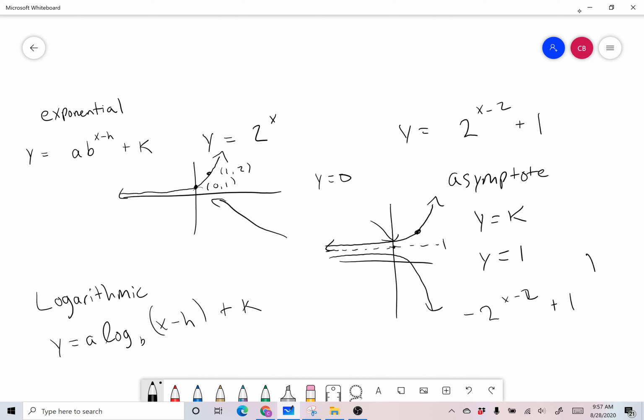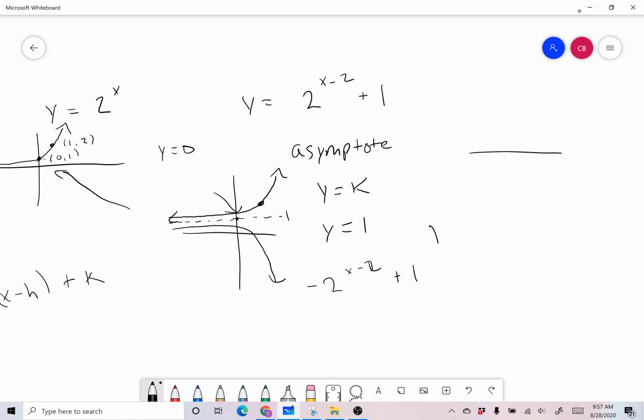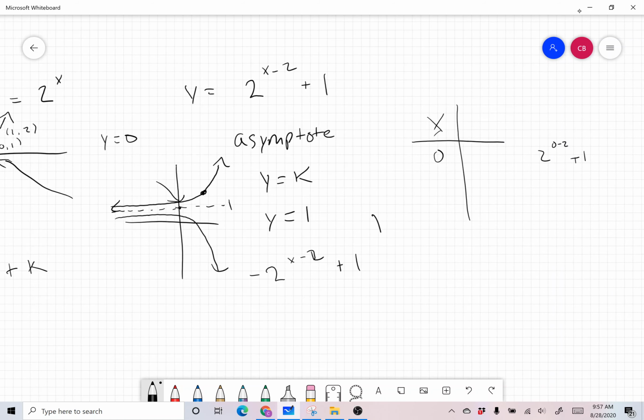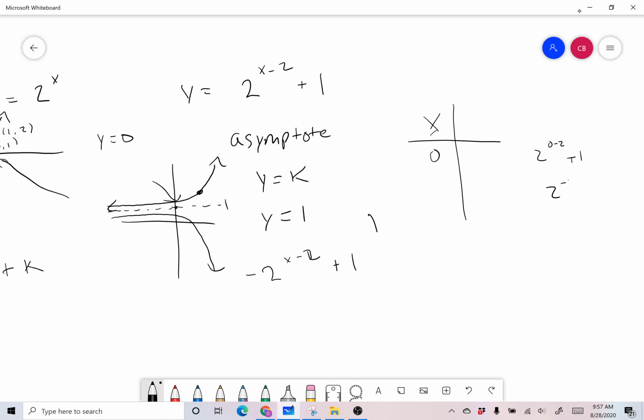So these are your exponential ones, and h and k, they still shift. They do still shift. You can still use your formulas or your t-table and go x is 0. And then you'd go 2 to the 0 minus 2 plus 1. Well, that's 2 to the negative 2 plus 1, which is 1/4 plus 1, which is 1 1/4.